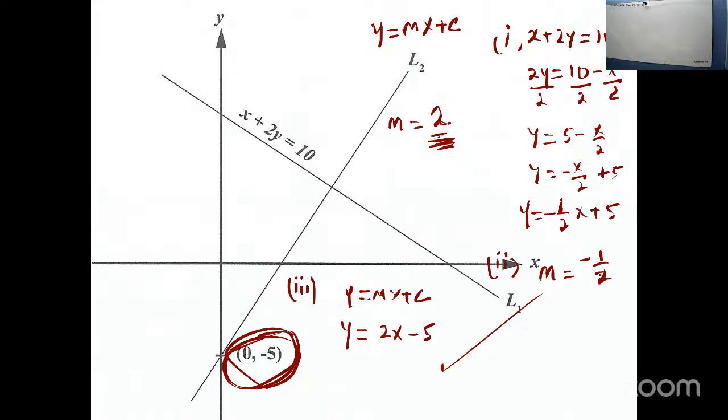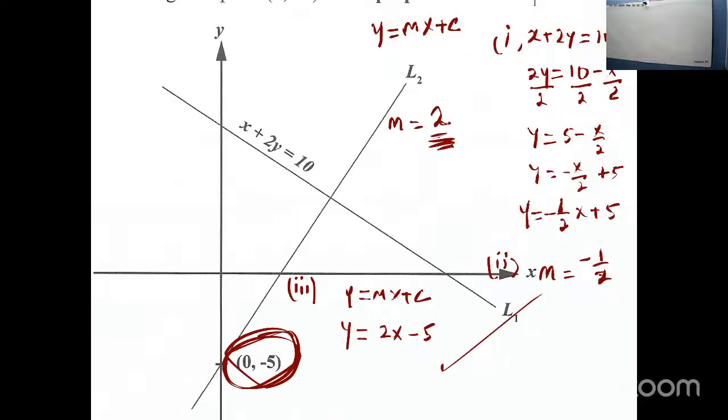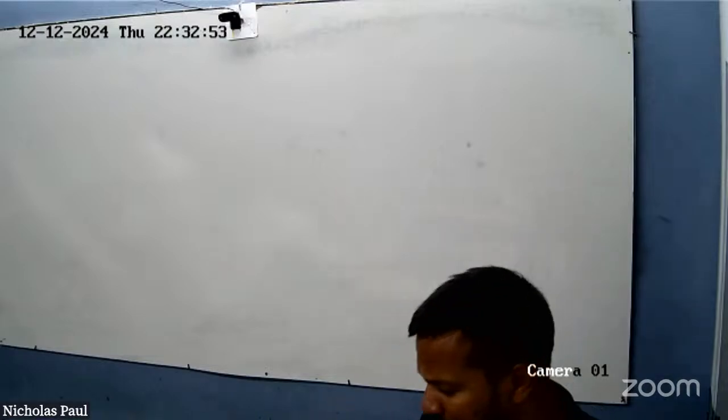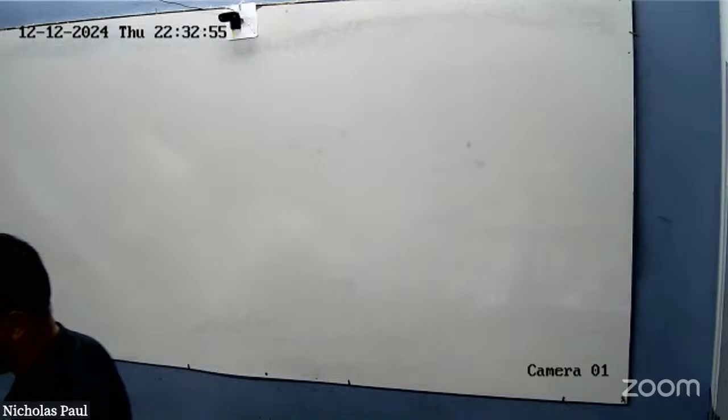All right, let's head back to the board. After coordinate geometry, one of the things we try to do is make sure it's plotted properly and then go into something called transformation.